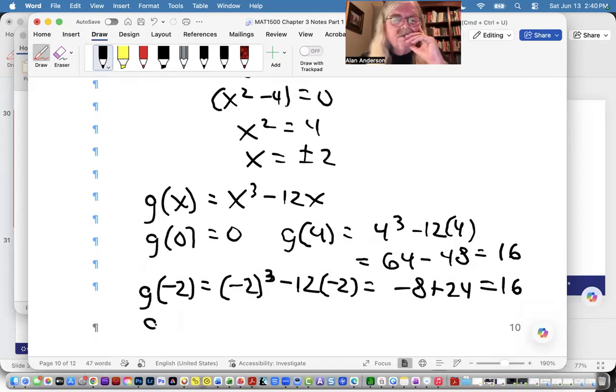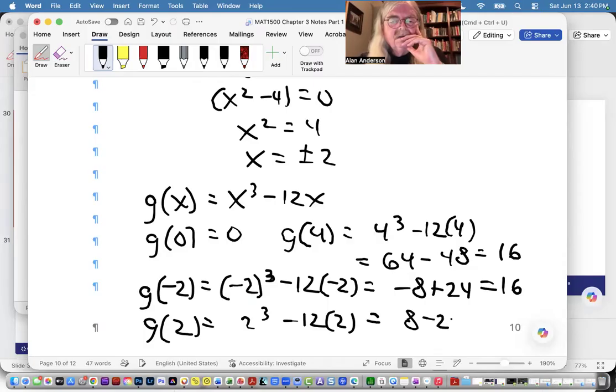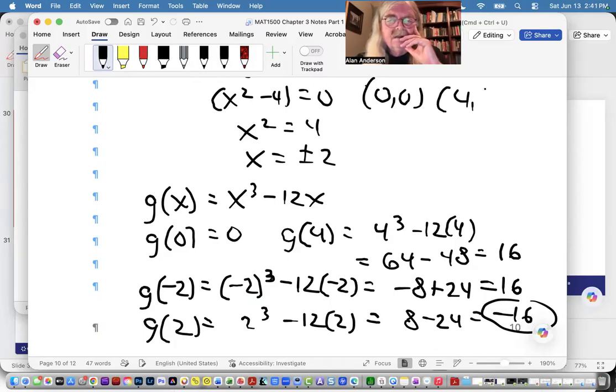And then g of 2. So we have the points 0, 0, 4, 16, negative 2, 16, and positive 2, negative 16.